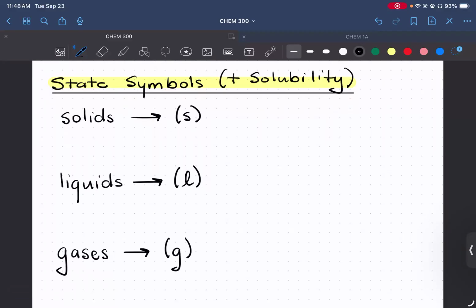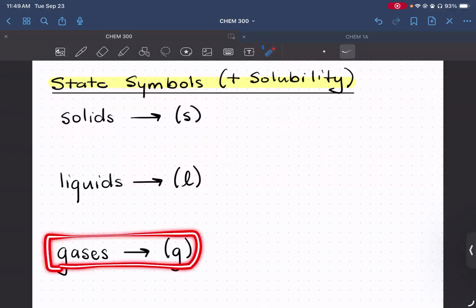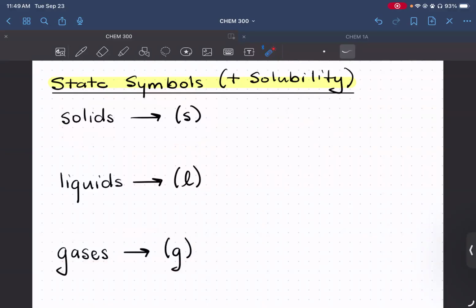Now, identifying the states of different chemical compounds comes back to the periodic table. We know something is a solid if on the periodic table it's a metal or, of course, a transition metal. When it comes to gases, we know some gases already.